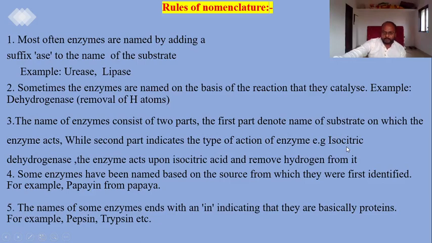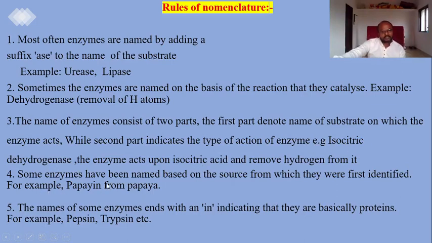For example, isocitrate dehydrogenase. Isocitrate is the first part, dehydrogenase is the second part. Isocitrate is the name of the substrate, and dehydrogenase is the type of reaction. The enzyme acts upon isocitrate and removes hydrogen from it. Therefore, we can give the name isocitrate dehydrogenase.